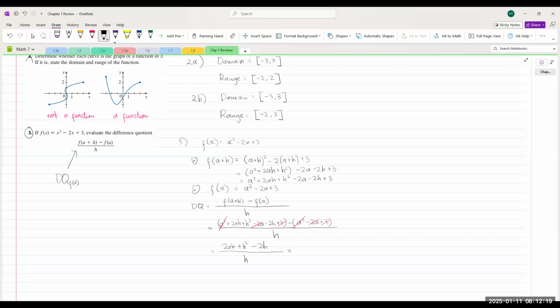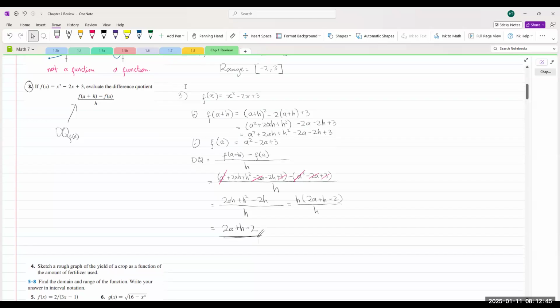I can factor the h out, and later on that will cancel with the h at the bottom. So the difference quotient is 2a plus h minus 2. In your test, for sure, you will have at least one difference quotient problem. At least one.